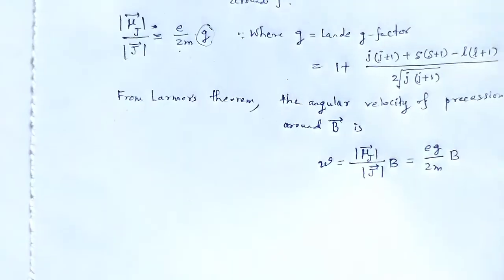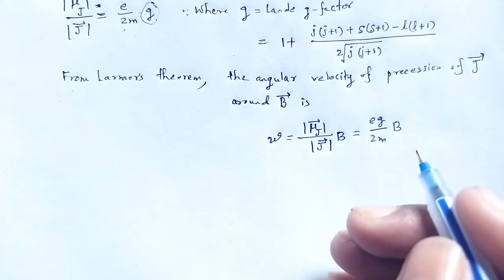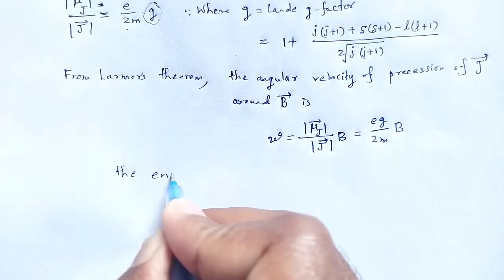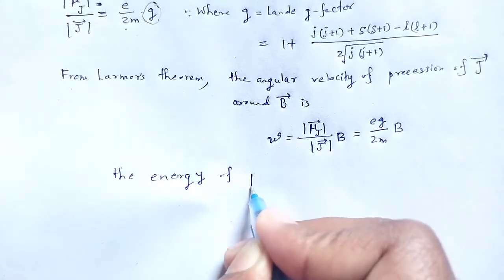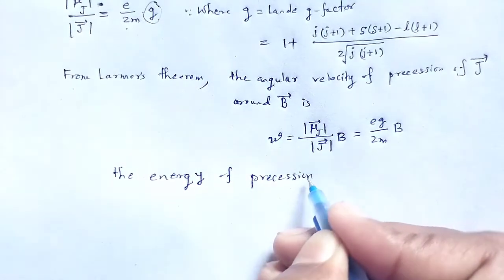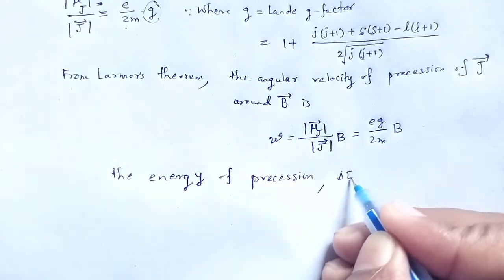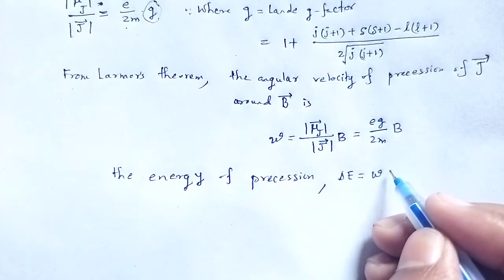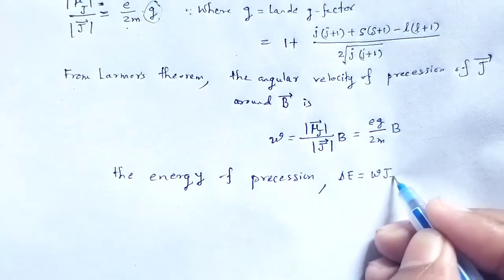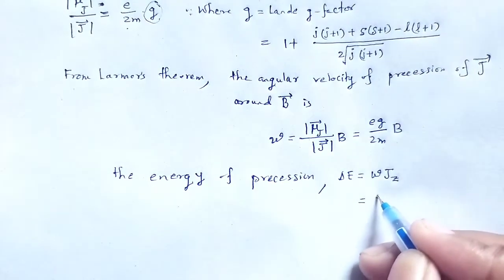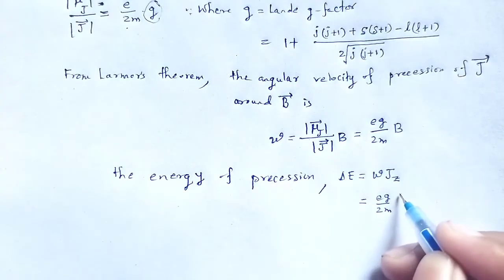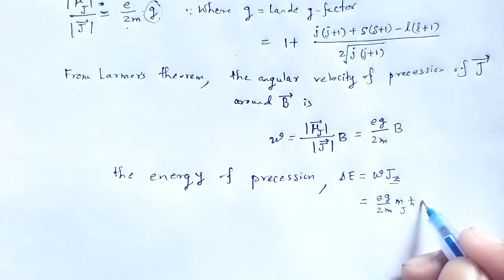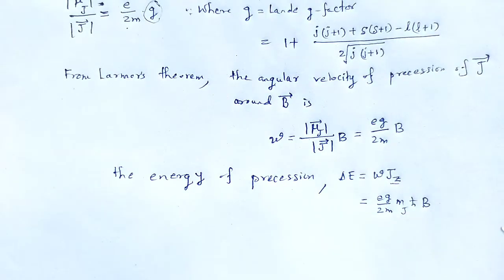The energy of precession, delta E, is the product of the angular velocity and the projection of J along B, that is J z, which is e g divided by 2m, times m j h cross B.